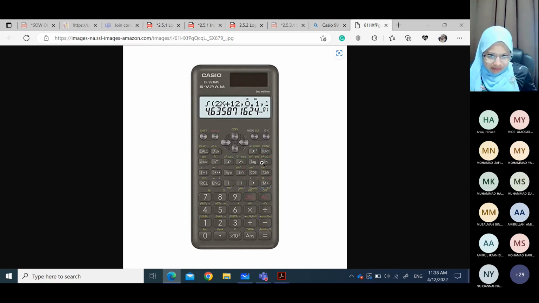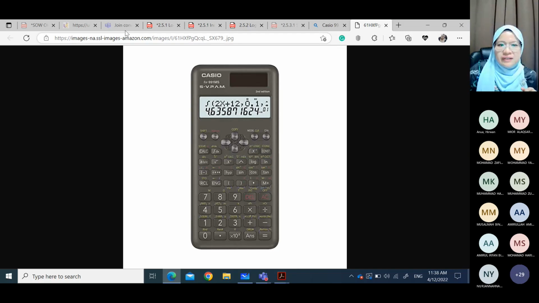Tekan log, berapa tadi kita katakan kita nak base 10? Take 5. Dia tekan log kat sini, apa yang keluar? Dia keluar log je?